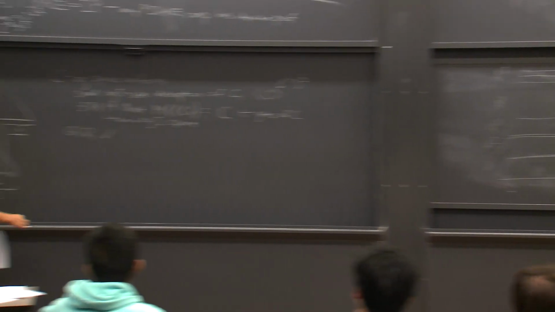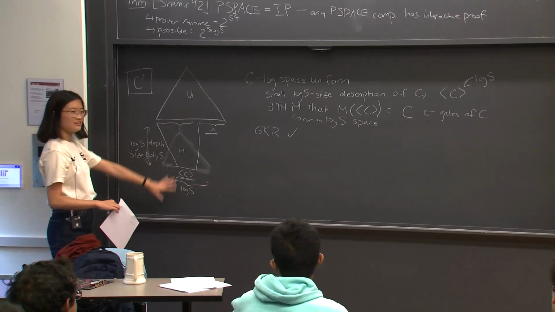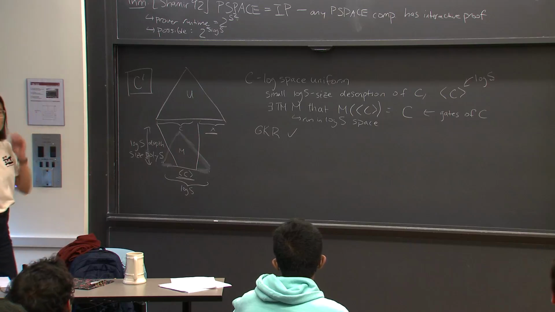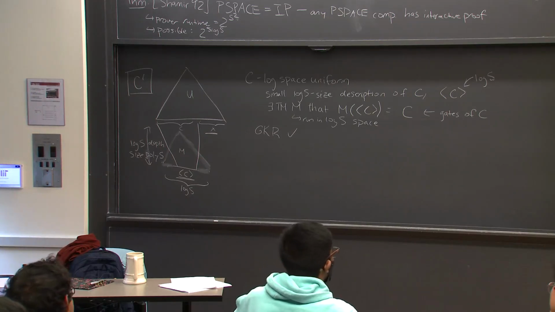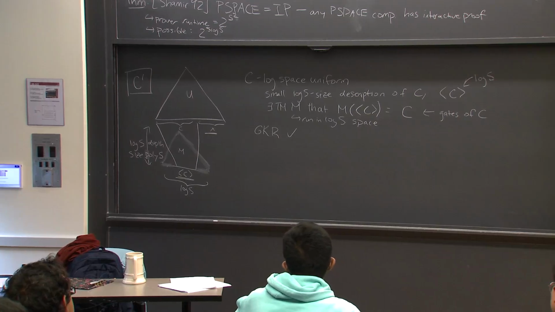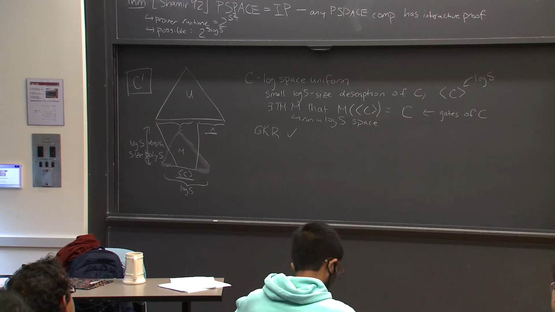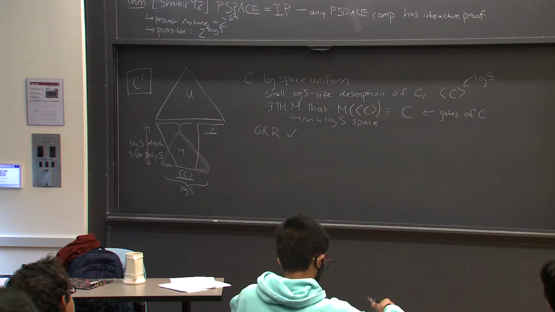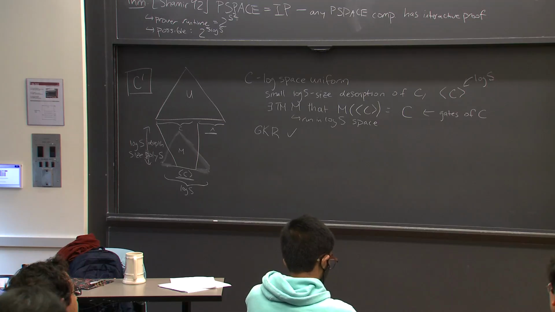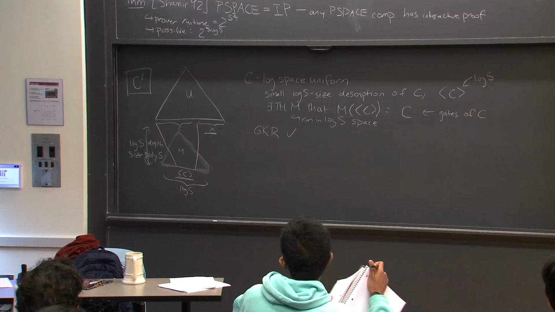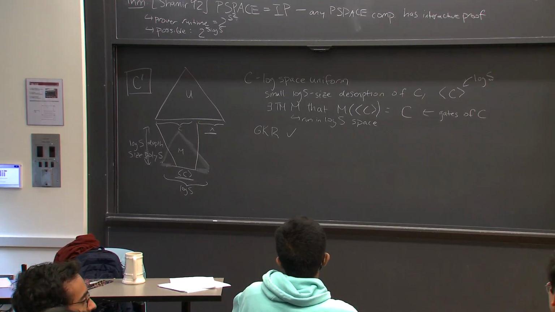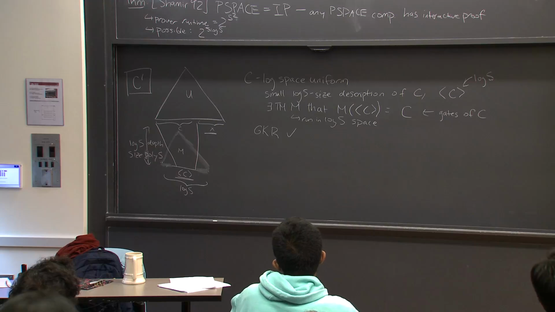Okay. Yeah, so how do we construct the circuit now? Oh, so that's another reason we need log space uniformity. It runs in log space, so it's a Turing machine, so that's great.